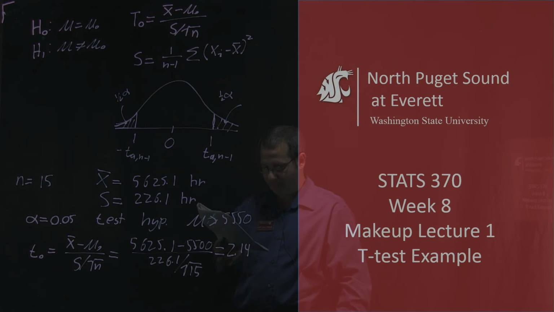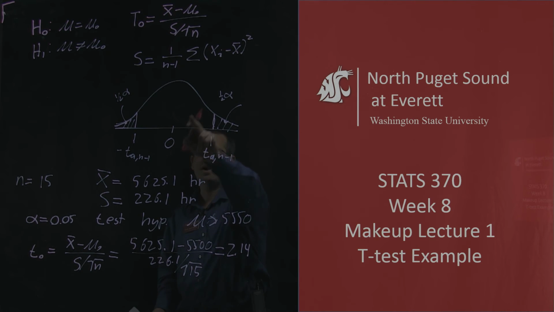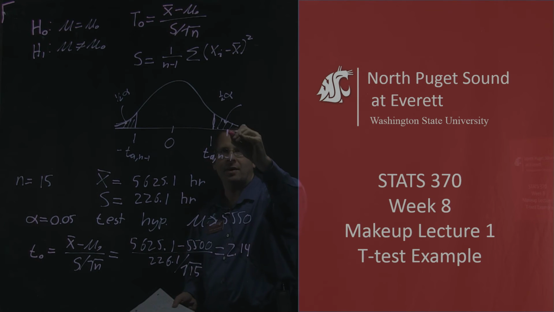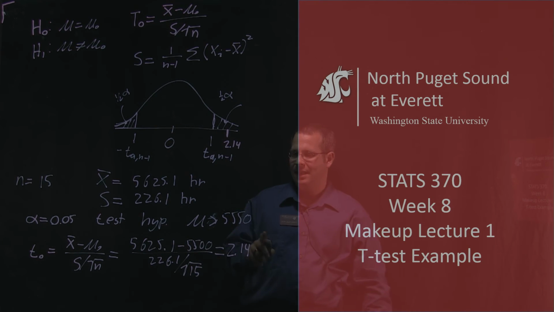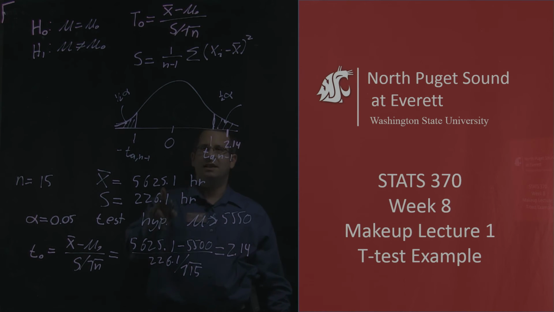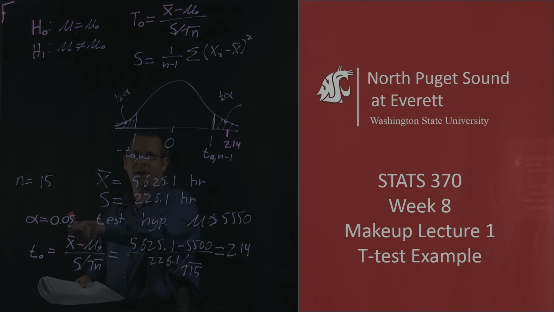All right, so what I have found is a value on my t-distribution of something out here, 2.14. Now I'm asked to reject if this is further away than what I would expect with an alpha of 0.05.